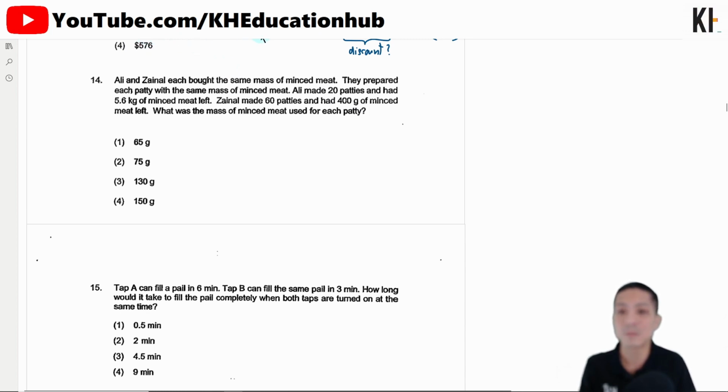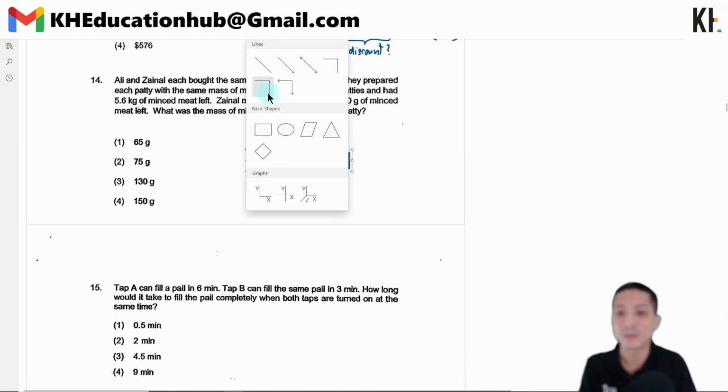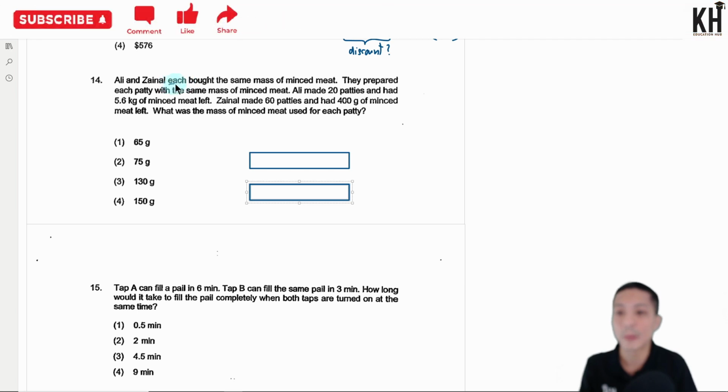I'm going to draw equal blocks first for Ali and Zainal. The reason why I draw equal blocks is because the question said that they each bought the same mass of minced meat.